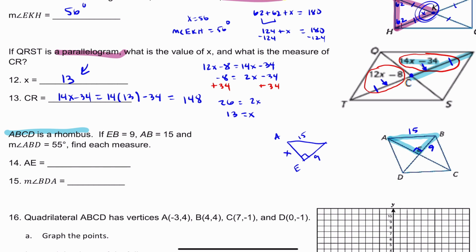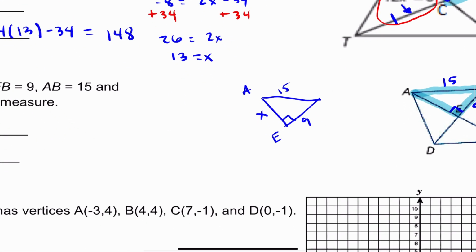We are dealing with the Pythagorean theorem, okay? Because know that you're dealing with a right triangle. And if it's a right triangle, then you're going to be using a squared plus b squared equals c squared, where c is the hypotenuse. Which one is the hypotenuse? This is the hypotenuse.